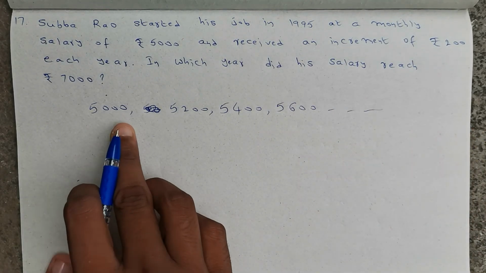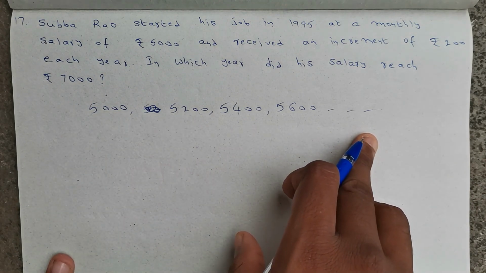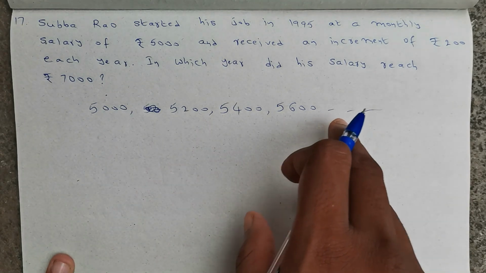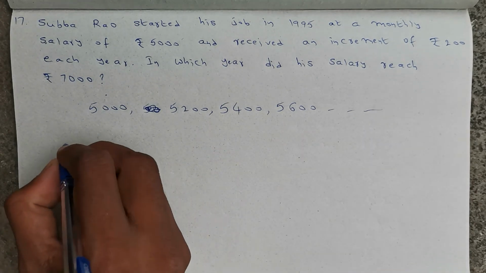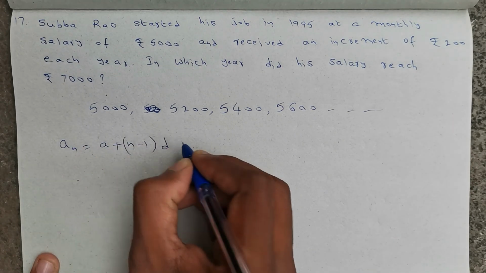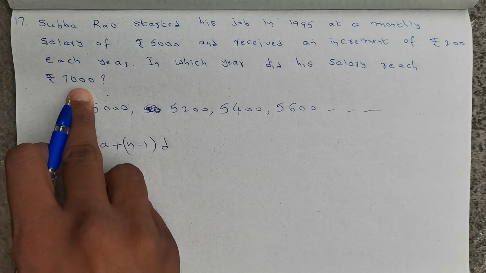So if you observe, this is a progression. Which progression? Obviously arithmetic progression, because every time it is increasing by 200. So the common difference is 200. Now an is equal to a plus n minus 1 into d. In which year is it reaching 7,000?